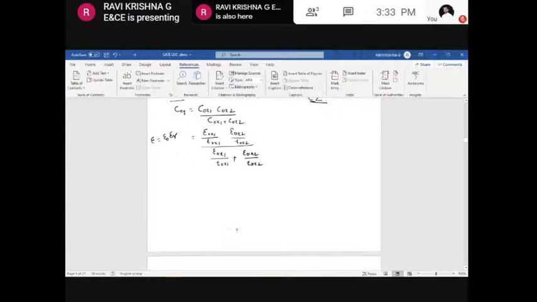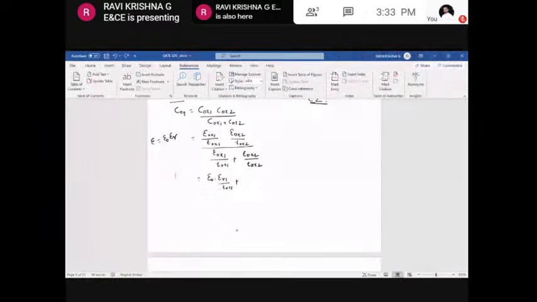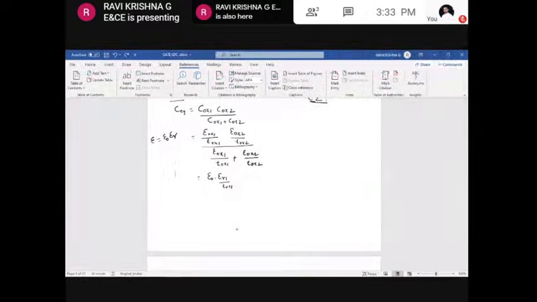So if you substitute all these values and write this in terms of epsilon naught and epsilon r, this will be epsilon naught into epsilon r1 divided by T naught x1, into epsilon naught into epsilon r2 divided by T naught x2, divided by, again taking epsilon naught as constant because of the plus sign, epsilon r1 divided by T naught x1 plus epsilon r2 divided by T naught x2.